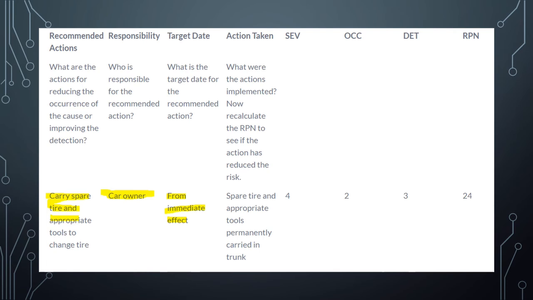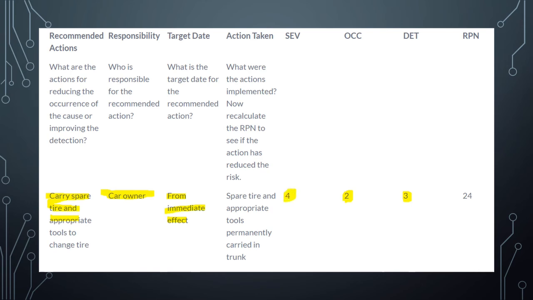And so now we're looking at what happens. Again, as I mentioned, we're not preventing the occurrence of a flat tire by doing this, so that score is still the same. We're still able to detect a flat tire the same amount. The score for that is the same. What this risk mitigation tactic is doing this time is it's bringing down the severity level.